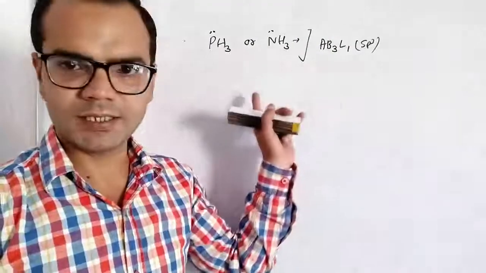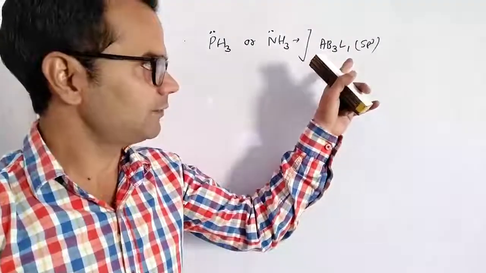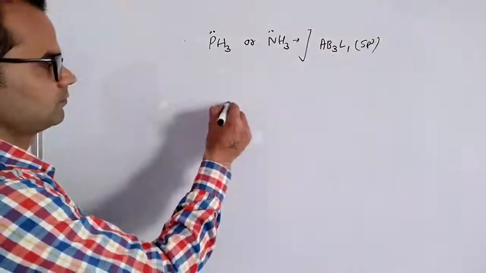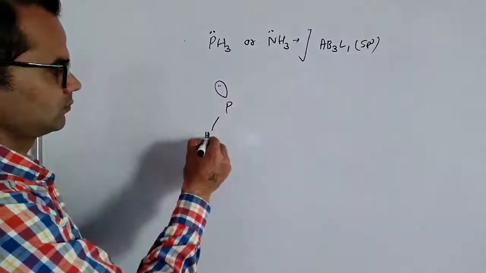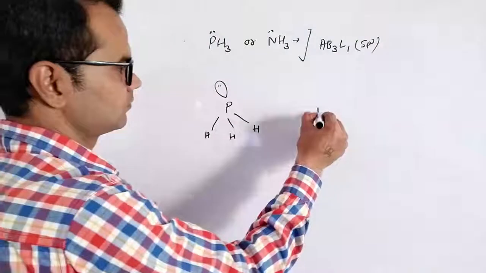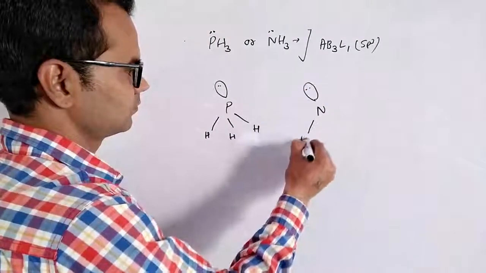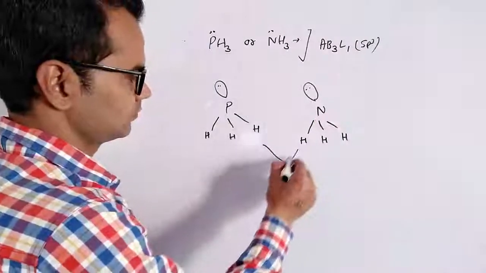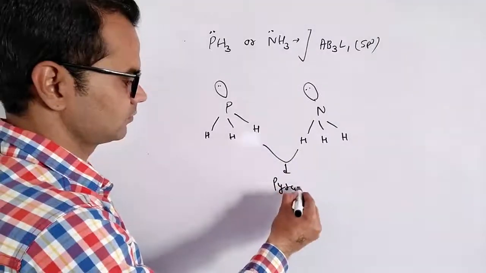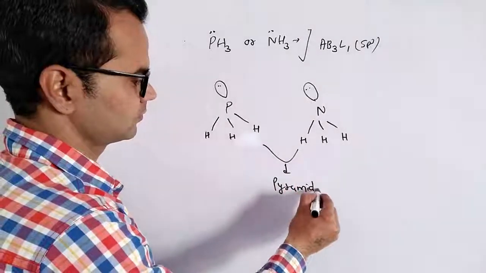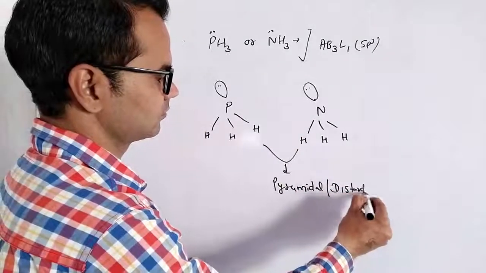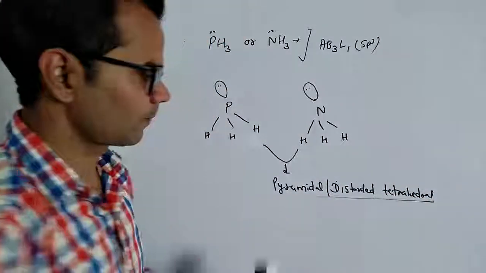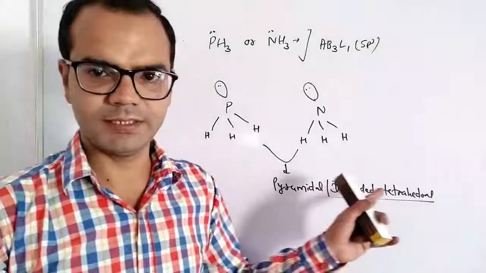Expected geometry is tetrahedral, but due to presence of one lone pair, the structure changes to distorted tetrahedral or pyramidal in shape. Both are pyramidal, having distorted tetrahedral geometry.